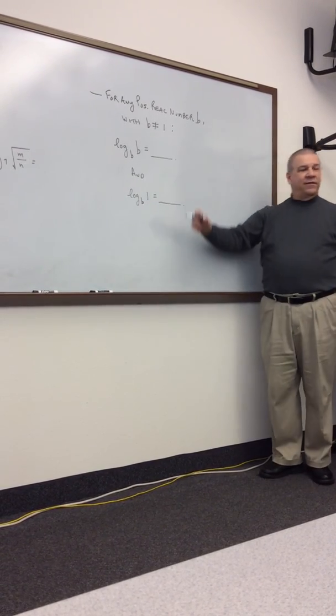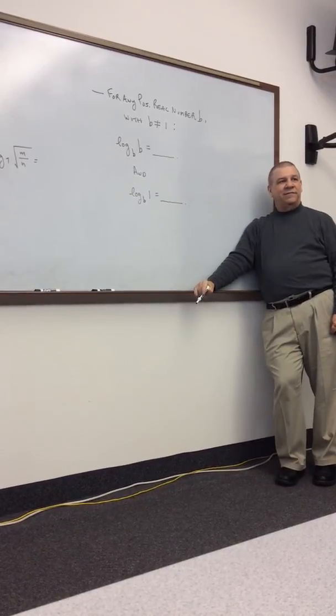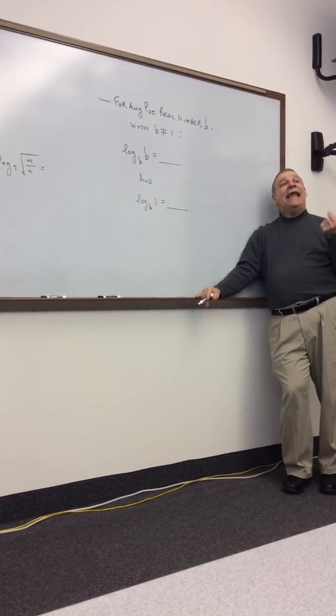Now, I would think somebody should be able to tell me what goes in that first blank after what I've done the last couple days. Remember, what does a logarithm stand for? An exponent.